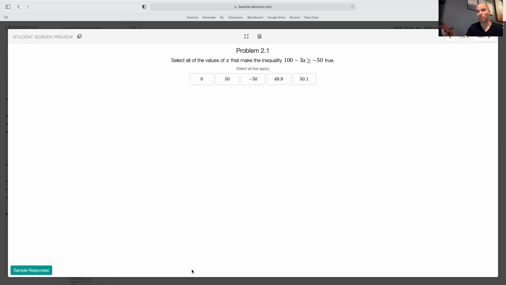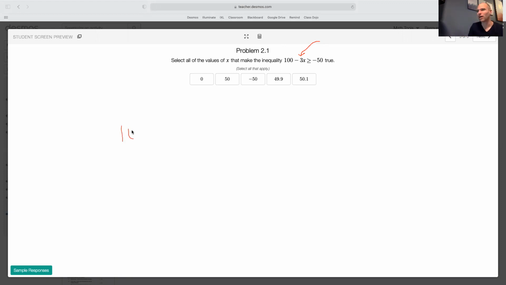And I think we're going to wind up doing that because I see this -3 right in front of my x, right? I'm not reading this as 100 minus 3x. I'm reading this as 100 plus -3x. And the fact that there's that -3 in front of my x makes me feel like I'm probably going to divide by a -3 to solve this thing. And that's going to make that inequality sign flip around.